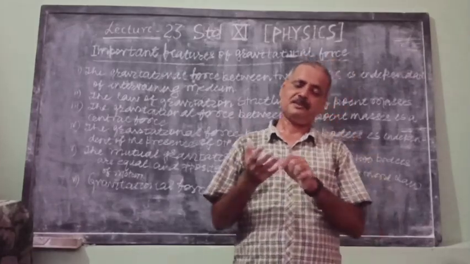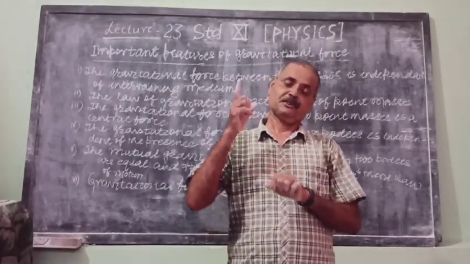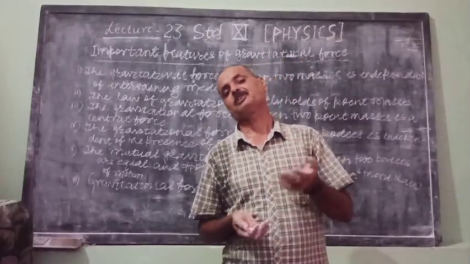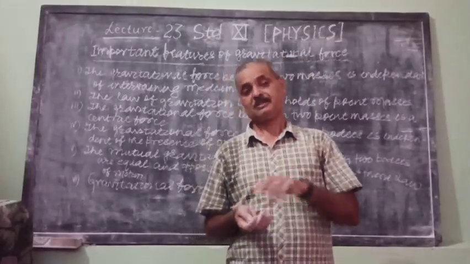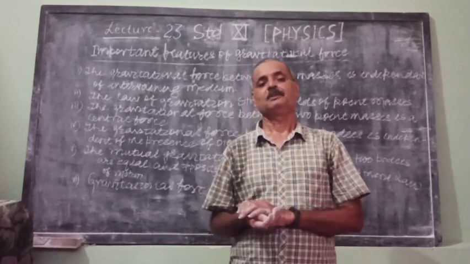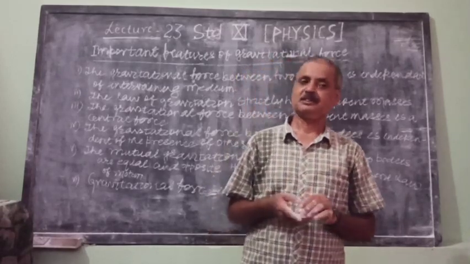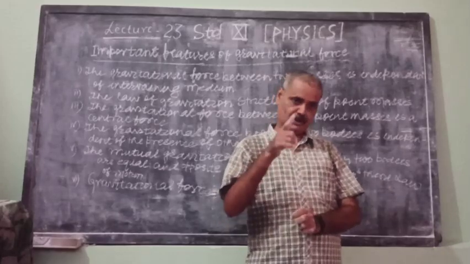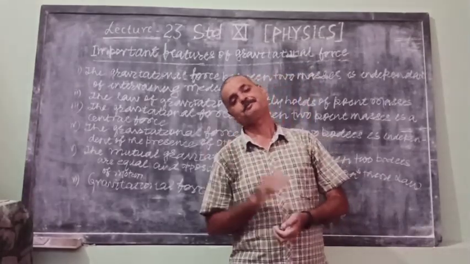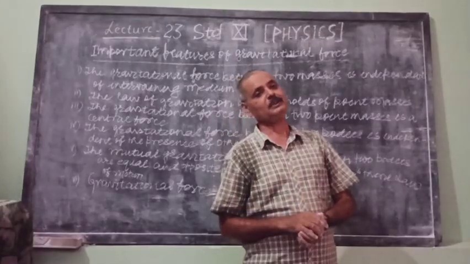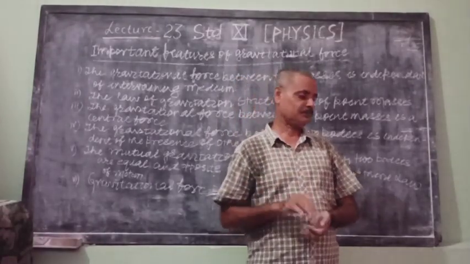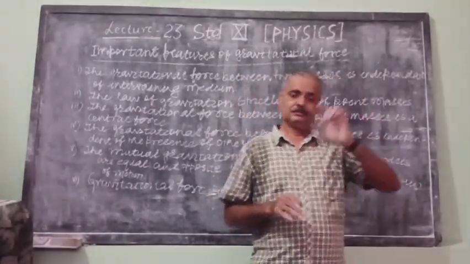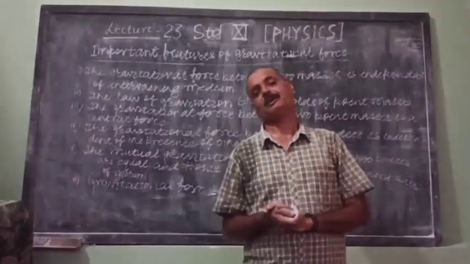So today we have studied the variation of acceleration due to gravity with depth, and the final conclusion was g dash is equal to g times 1 minus d by r. But in the previous one, the variation of acceleration due to gravity with height.